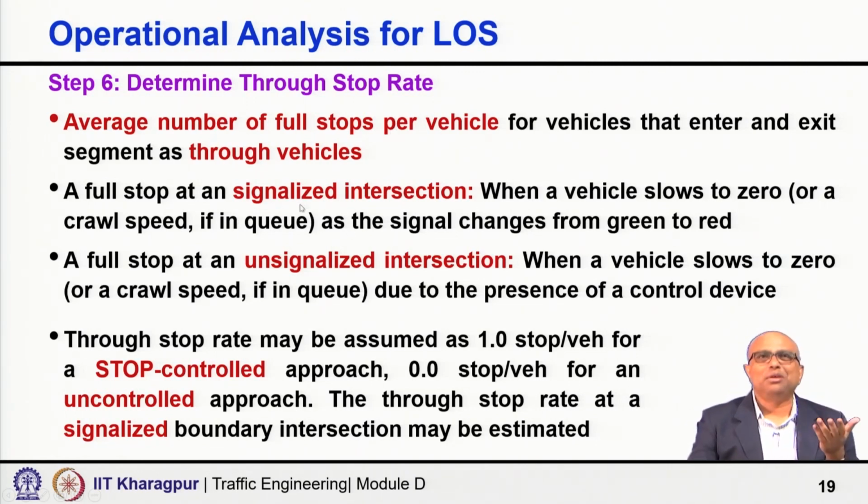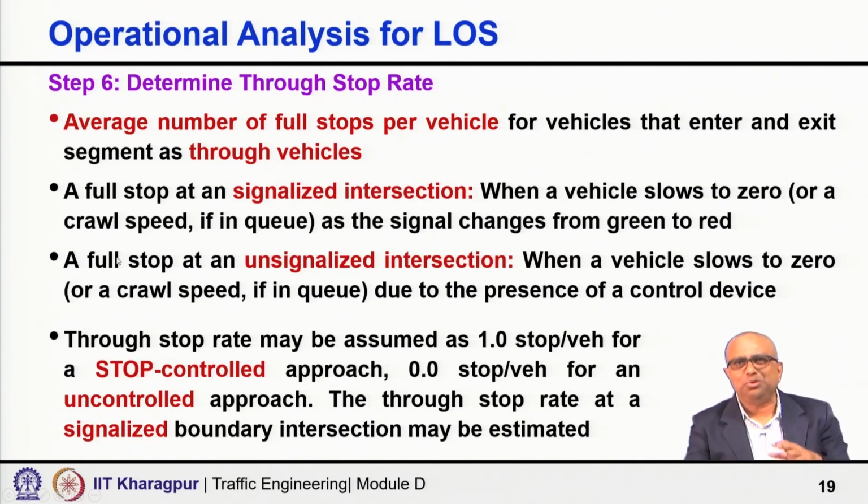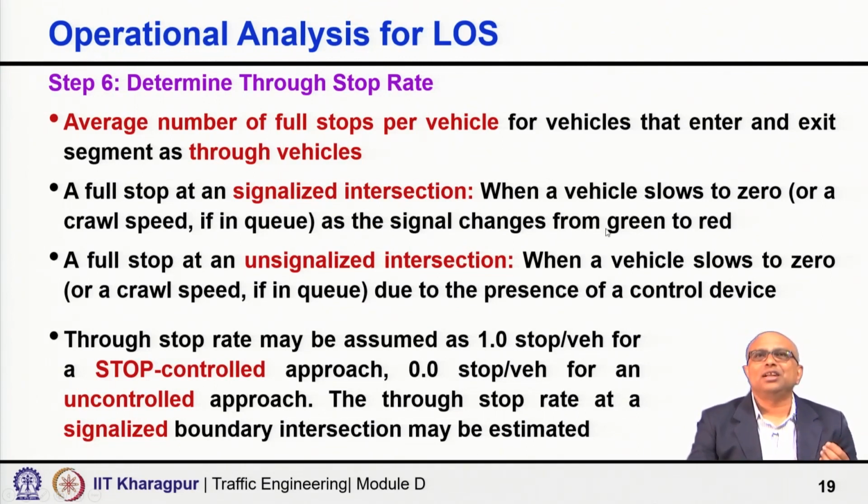Now, when you have a signalized intersection, what do we mean by a full stop and when can it occur? When a vehicle slows to 0 or a crawl speed, if it is in the queue, it may be considered almost stopping, as the signal changes from green to red.